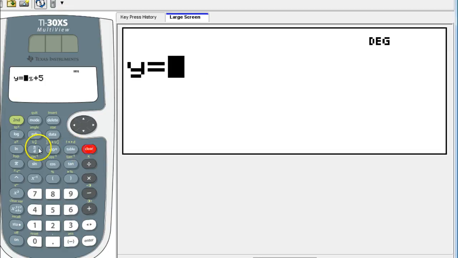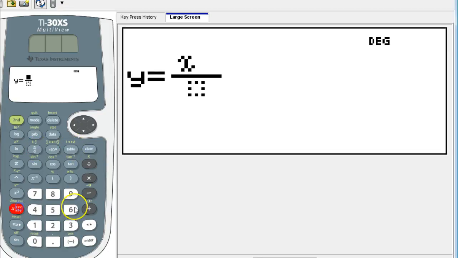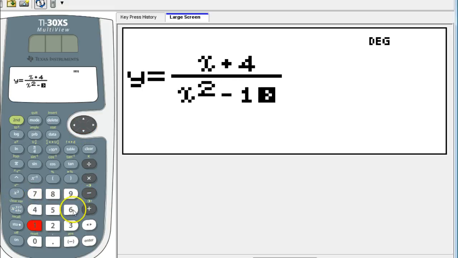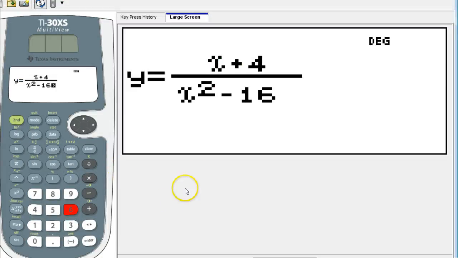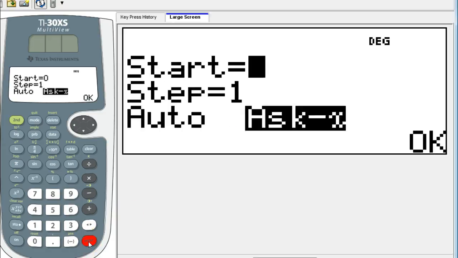So table feature, what was this, x plus 4 up here, and then I believe we had x squared minus 16 down here. Okay, so that is what is happening. Okay, so let's evaluate.